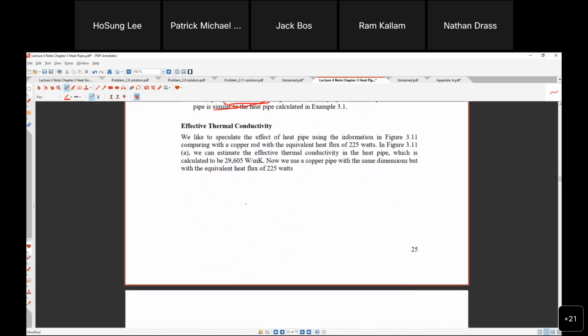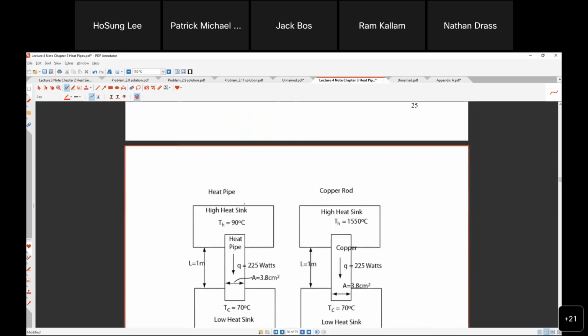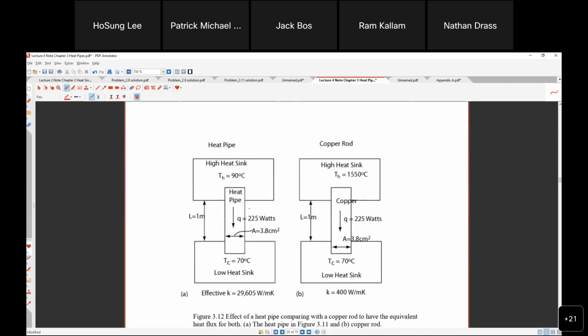Now I'd like to look at 225 according to temperature, high and low. This is the measurement on the heat pipe. The heat pipe size we know. So the heat flow is 225 with the same diameter.